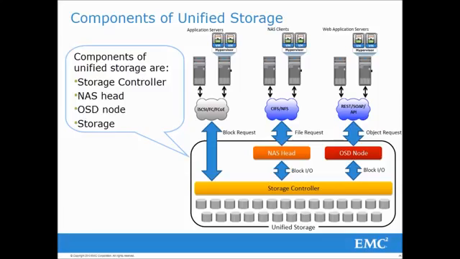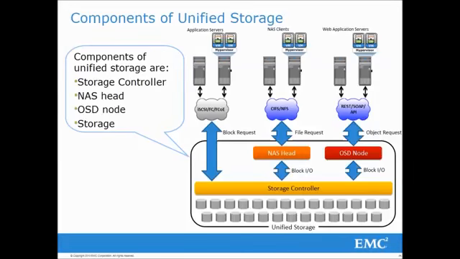The storage controller is also responsible for managing the back-end storage pool in the storage system. The controller configures LUNs and presents them to application servers, NAS heads, and OSD nodes. The LUNs presented to the application server appear as local physical disks. A file system is configured on these LUNs and is made available to applications for storing data.